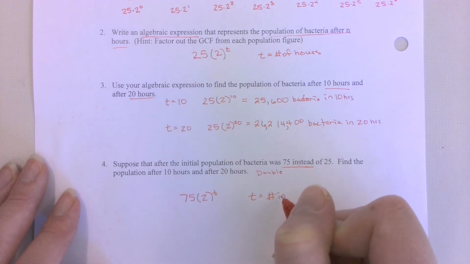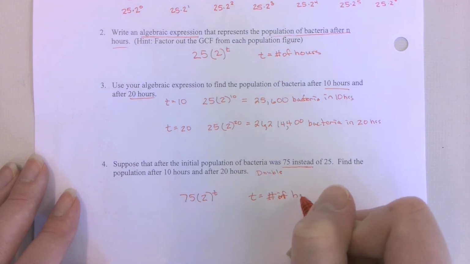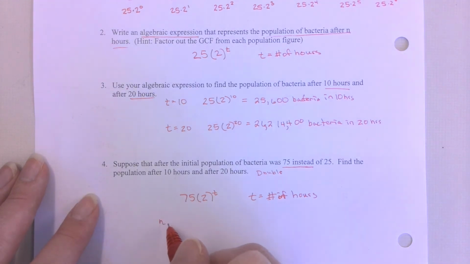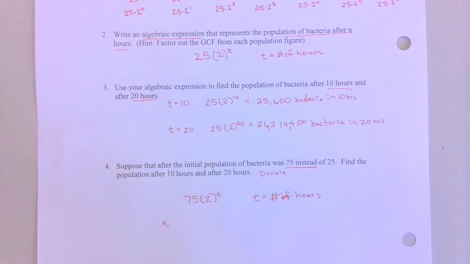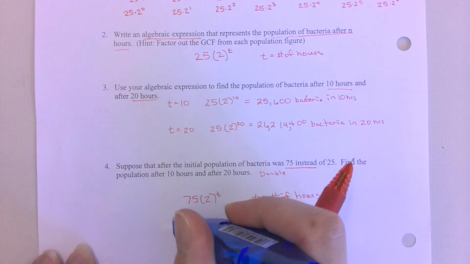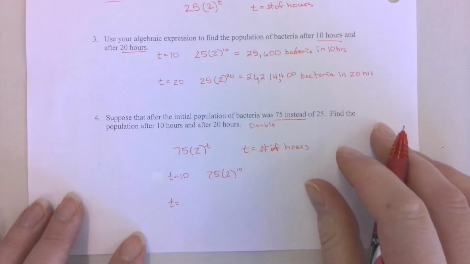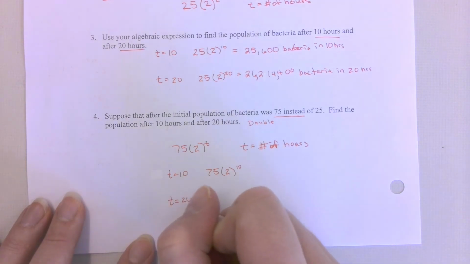So number of hours. So I would put in when the time is 10, I'm just going to put a 10 in there. So it would be, T is 10, we get 75 times 2 to the 10th, and we're going to come back and also look at that in 20 hours.